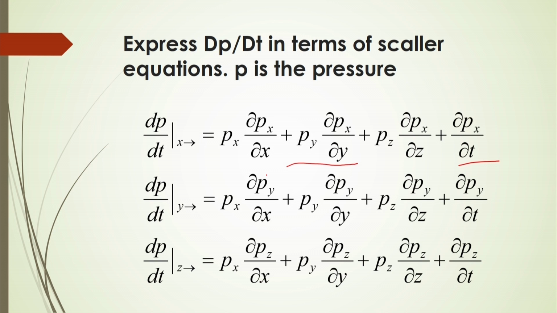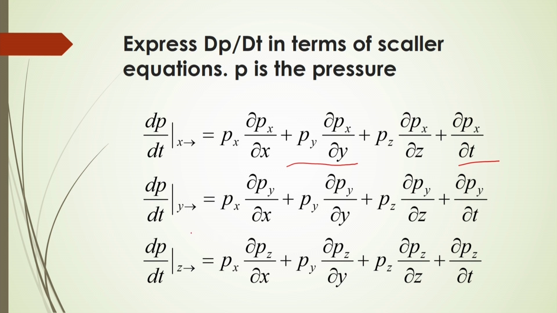If there is no change of pressure in the y direction or z direction, then you can simply omit those terms. And for steady state operation there will be no change of pressure, so ∂p/∂t will be equal to 0.